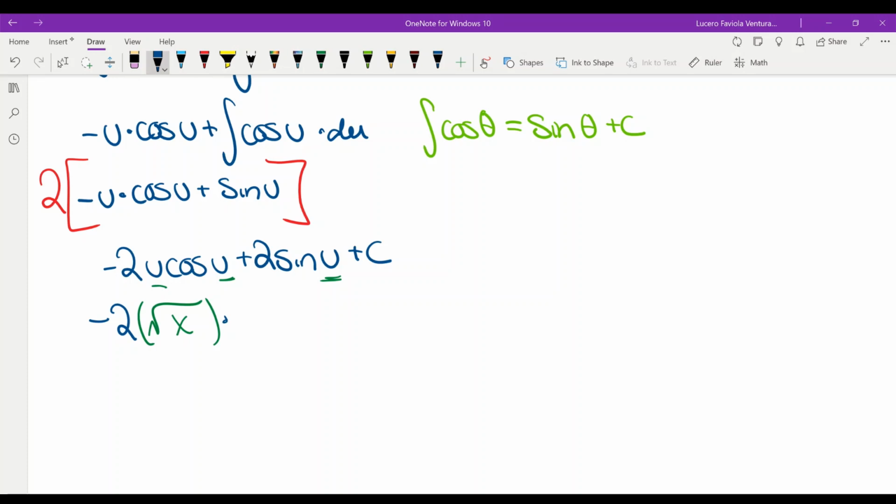And so we can rewrite this as negative 2 times the square root of x cosine times the square root of x plus 2 times sine square root of x plus c. And this is our final answer. Since we didn't integrate with any bounds, that is why we have the constant of c at the end.